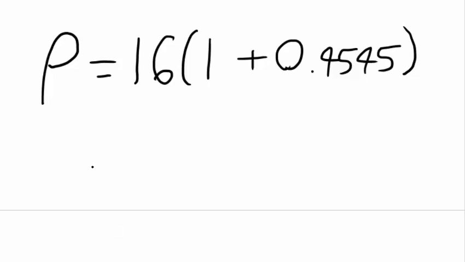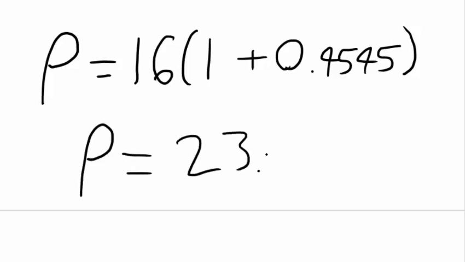And if we plug that into a calculator, we find our price to equal $23.27. So as before, we charged a price that was too low, so we weren't optimizing our pricing strategy enough to reach the highest profit we could achieve.